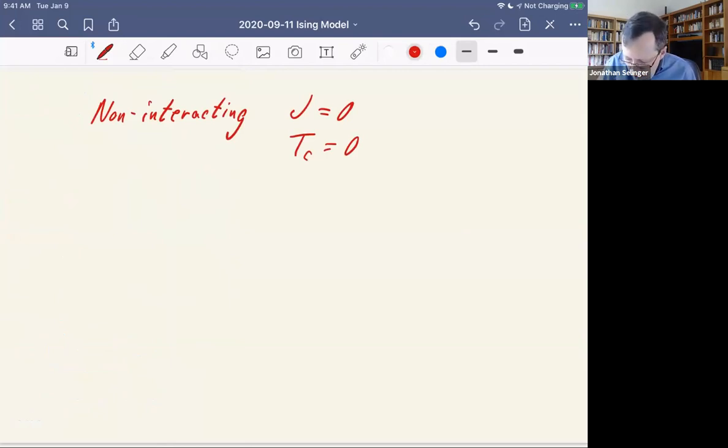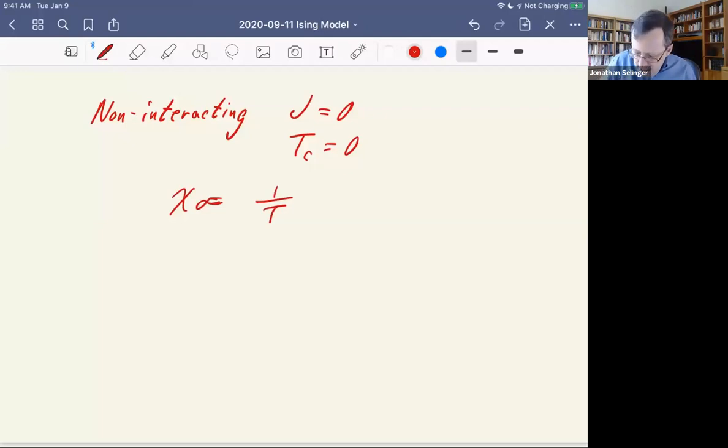And then the susceptibility is proportional to 1 over T. So it's not 1 over T minus TC, the TC goes to 0, so it's just 1 over T. And that is consistent with the hyperbolic tangent thing that I derived for you several days ago.